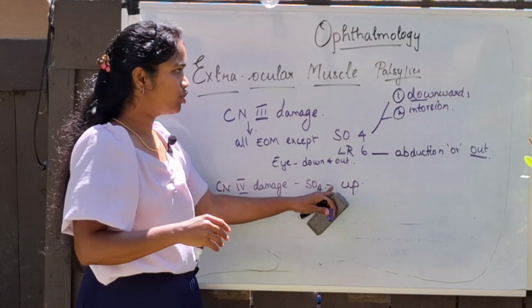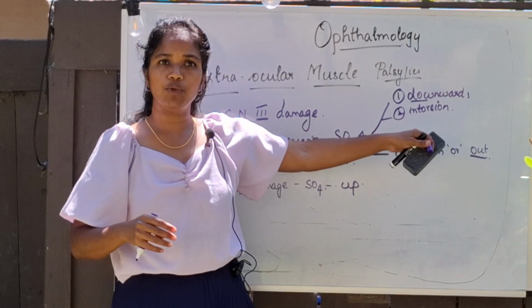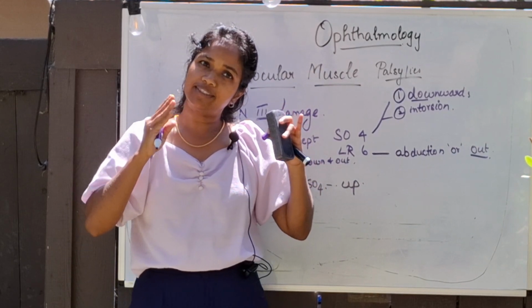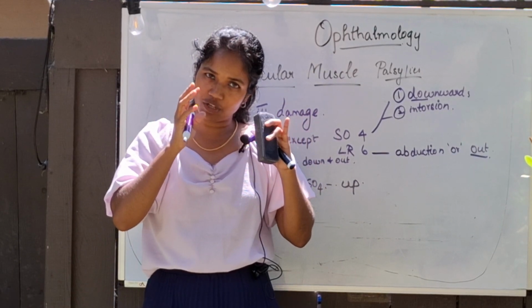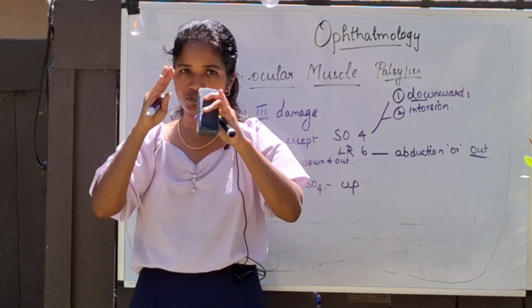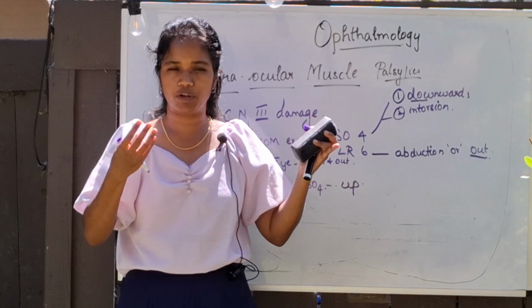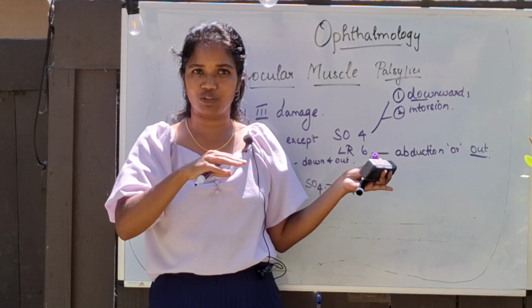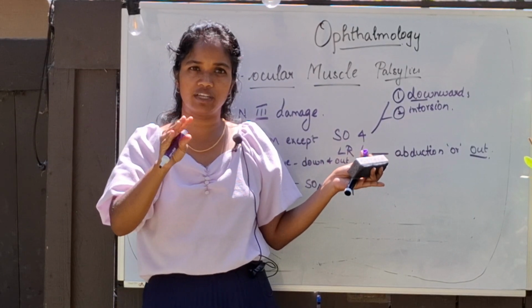So, here the intorsion is lost. So, what will the head do? The head will tilt such that it balances the intorsion. Of course, it cannot produce an exact picture like how the superior oblique would have caused the intorsion if it were normal, but still to some extent it can balance.